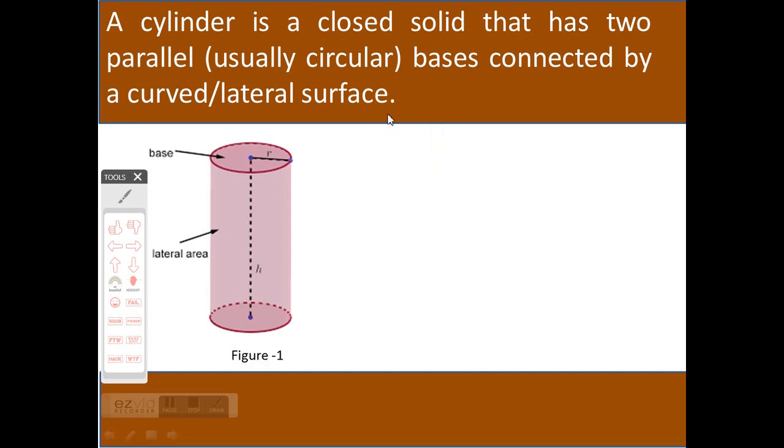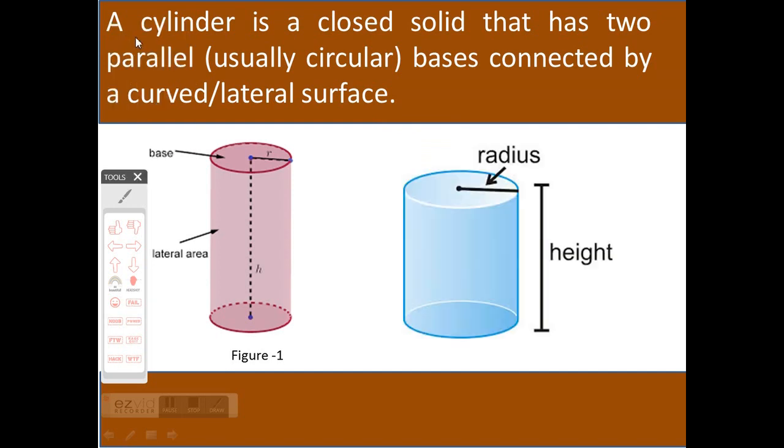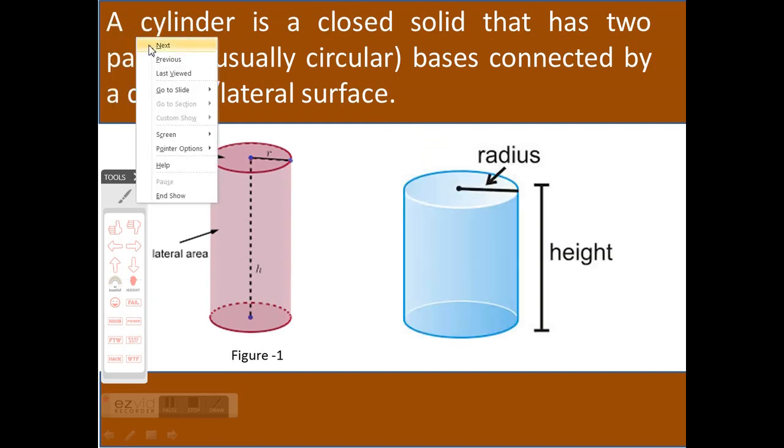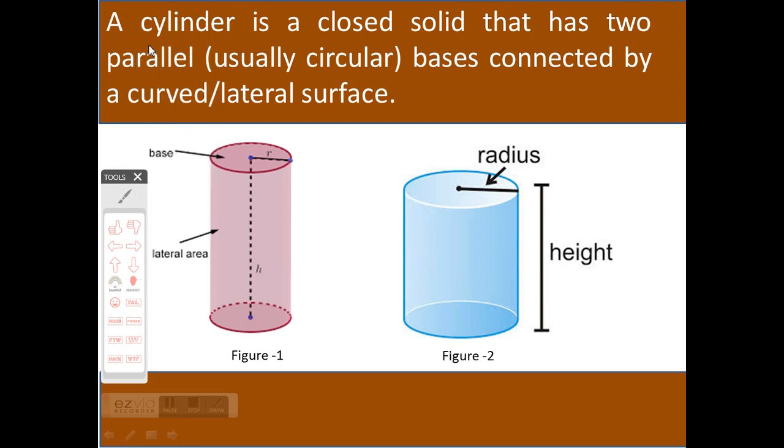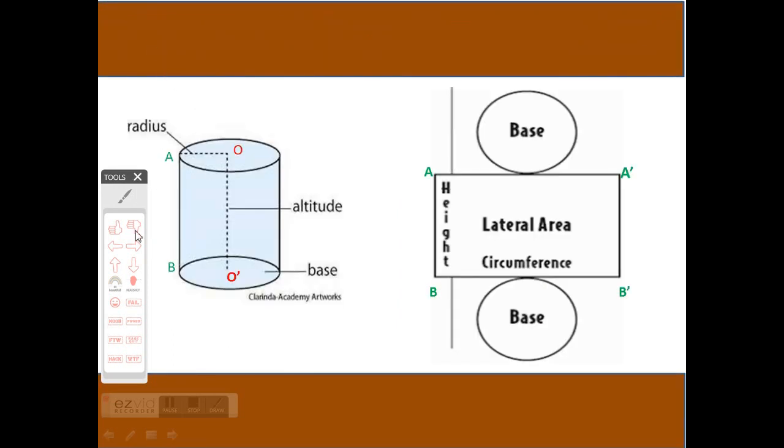Now let us understand this concept with the help of an activity. Students, you can do this activity by taking a rectangular sheet of paper as shown in figure 1. Now roll this sheet along its length by joining A with A dash and B with B dash.